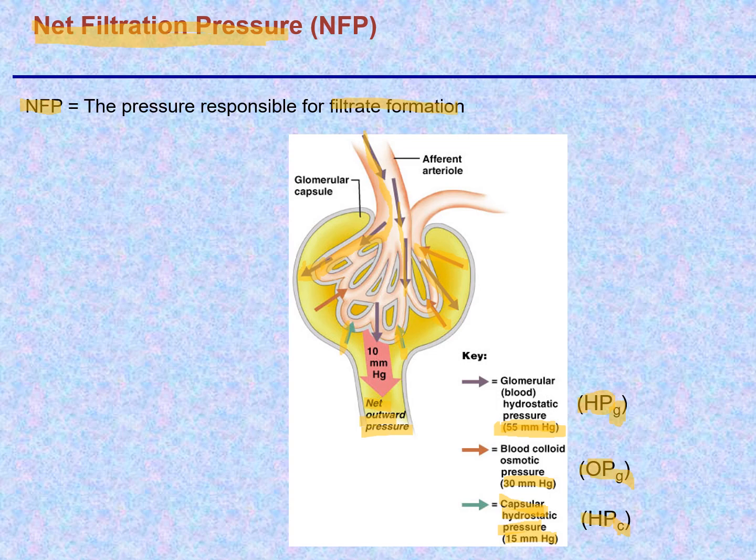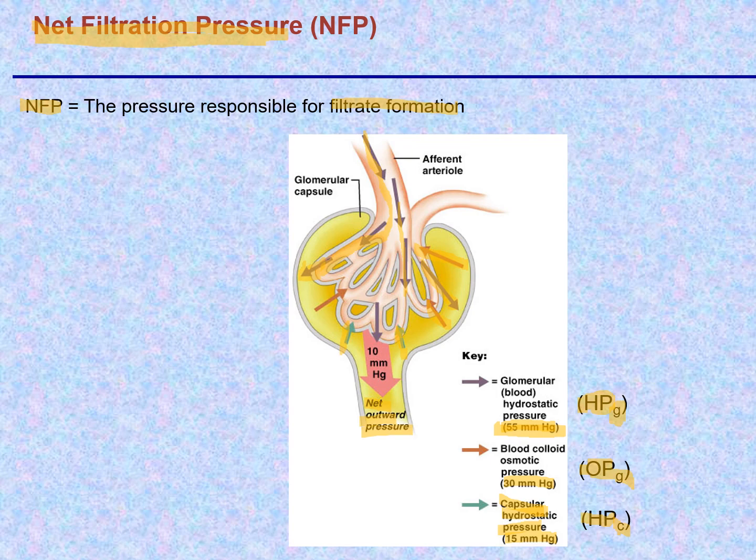So there's an ongoing outward flow. The glomerular hydrostatic pressure is steady, the blood colloid osmotic pressure is pretty steady, and capsular hydrostatic pressure is reasonably steady, so overall you have an outward flow.